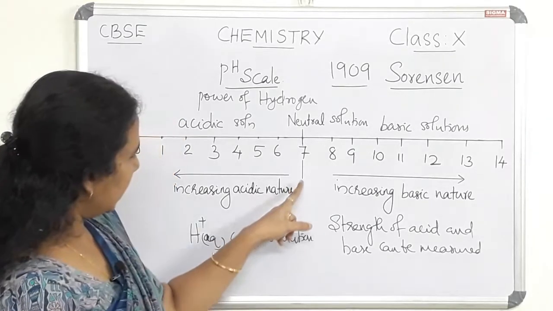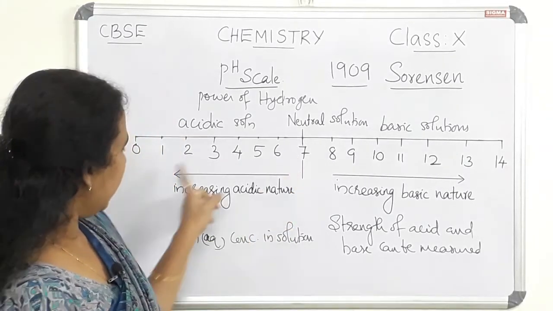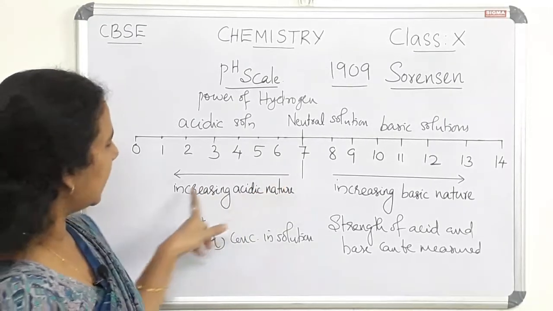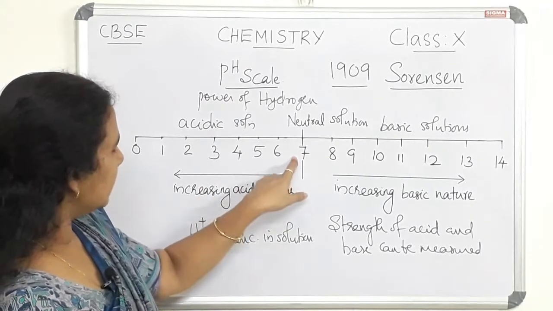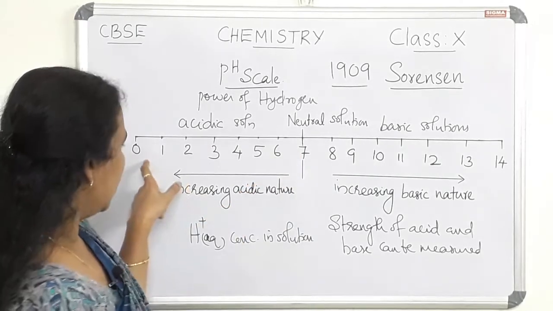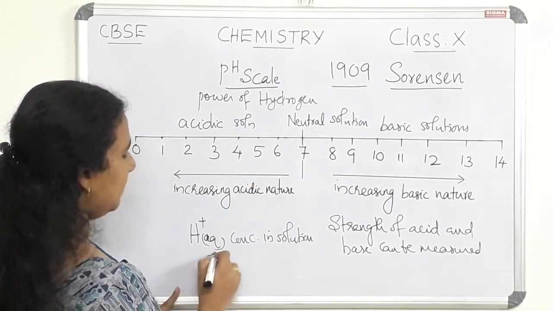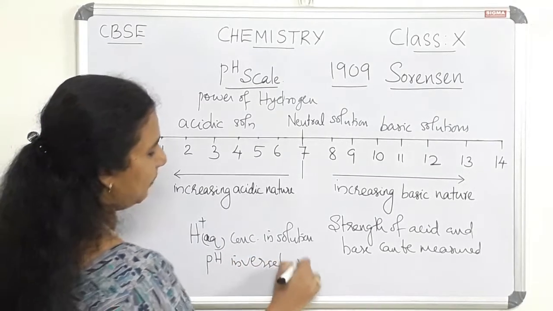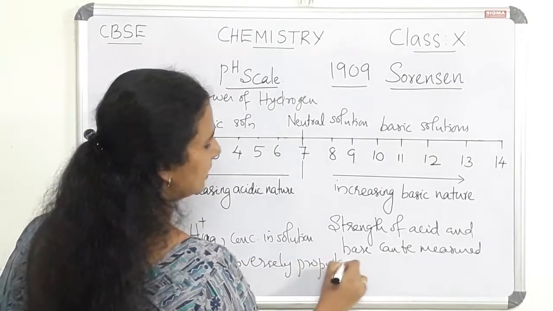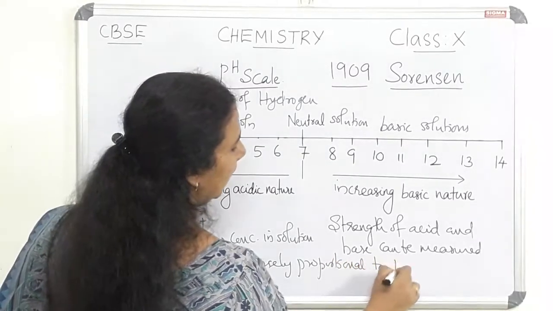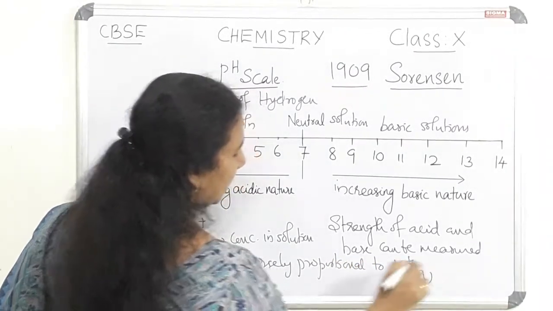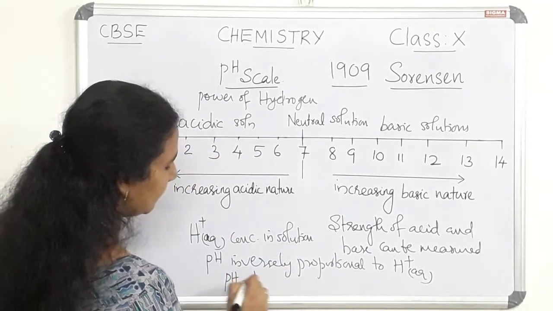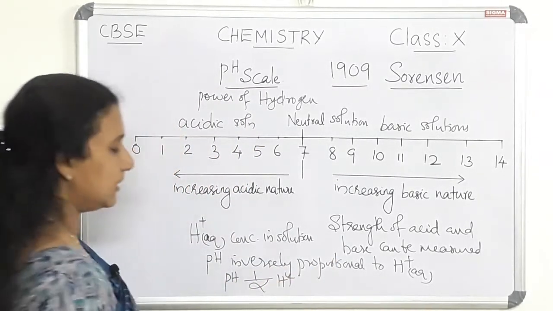Below 7 there is increasing acidic nature, that is from 7 to 0. pH is inversely proportional to hydrogen ion concentration.